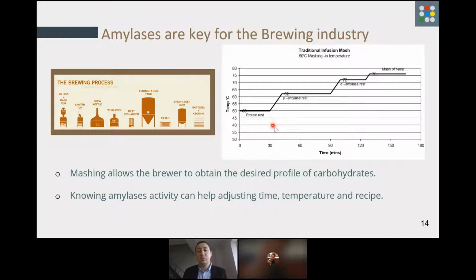So of course it's not a one size fits all, and every beer and every mashing step can have its own features. And that's why we want to help the brewing sector to actually optimize this profile. So with our method, and I will show you in a second, we want to optimize the mashing in terms of time, temperature, and potentially also recipe.